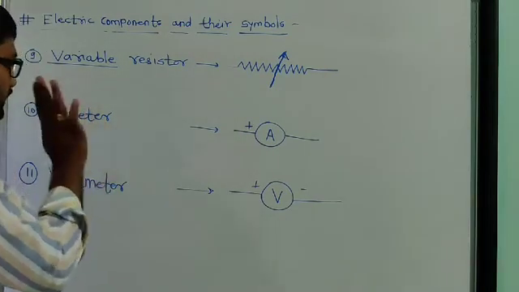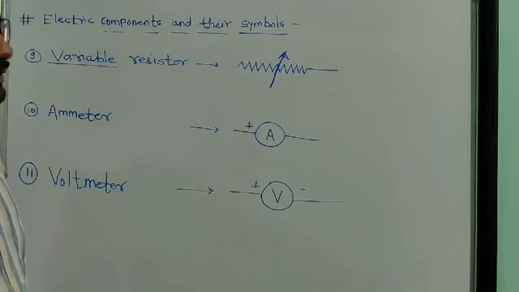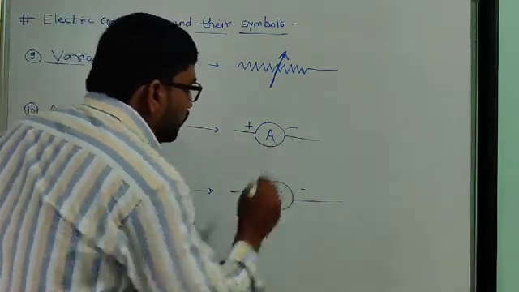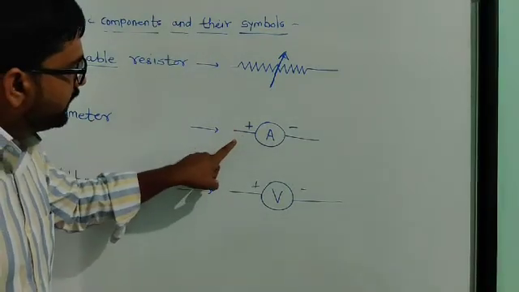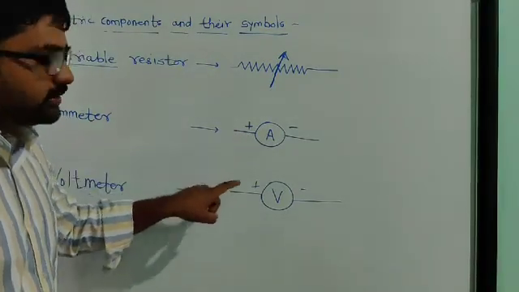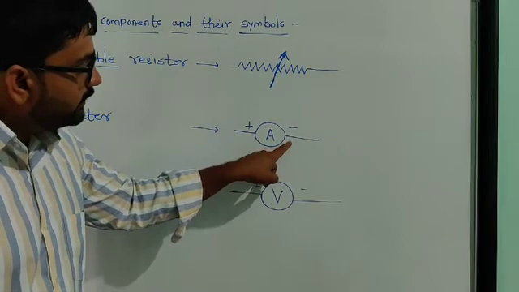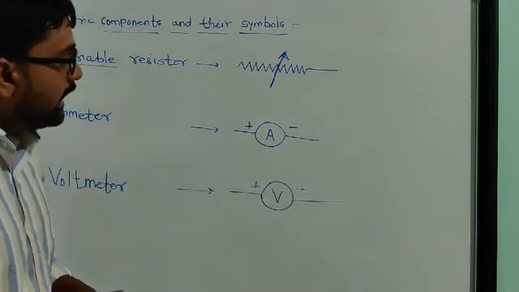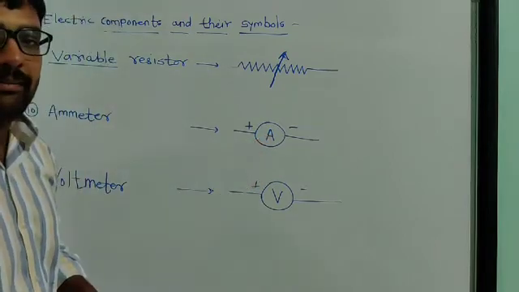Next is the ammeter, okay. This is the symbol of the ammeter. One terminal of the ammeter is connected to the positive side of the battery and the other is connected to the negative side of the battery. A means ammeter.